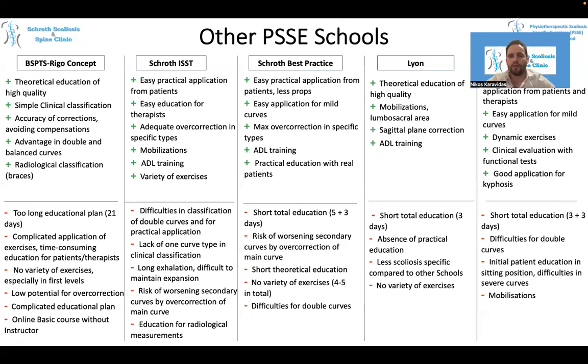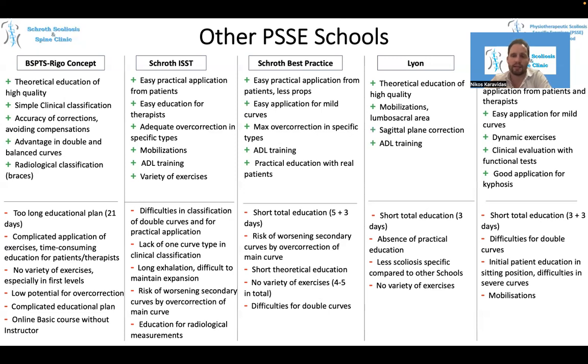Some of the limitations from this school could be the short total education, which is only 3 days, the absence of practical education, so no practice with exercises. And I think that it is a little bit less scoliosis specific compared to other schools, and there is no variety of exercises.